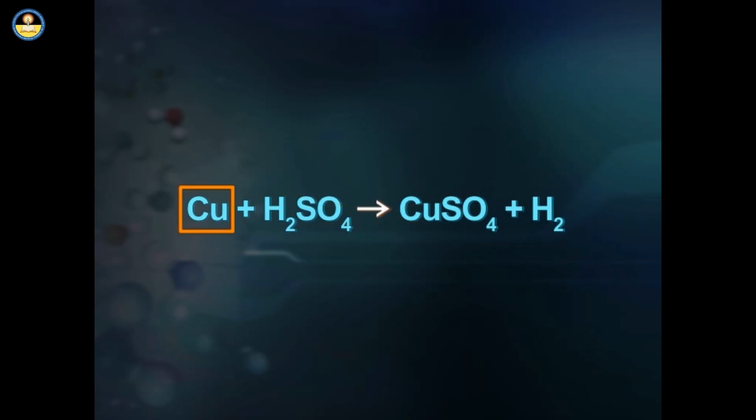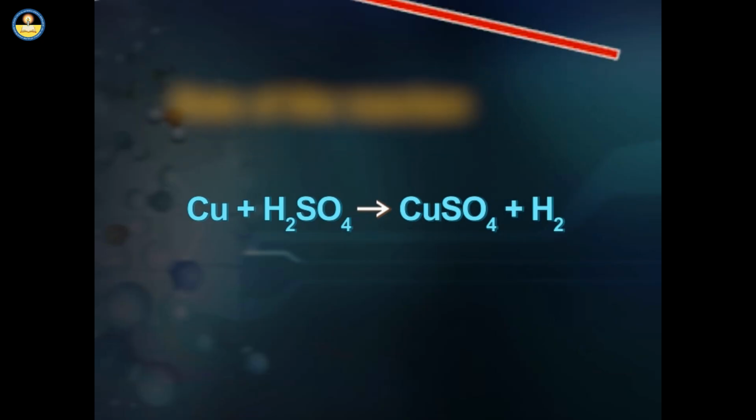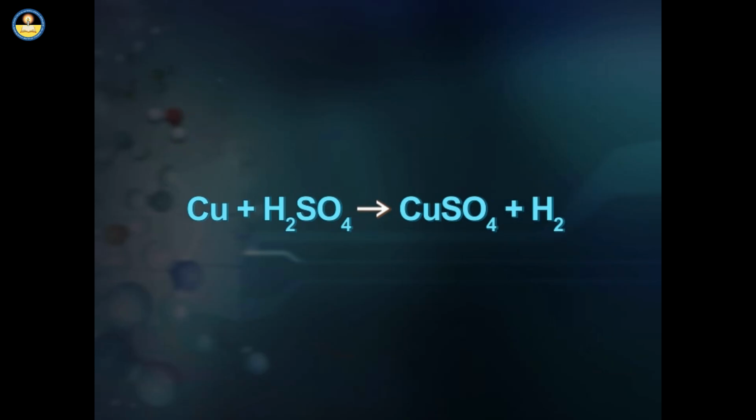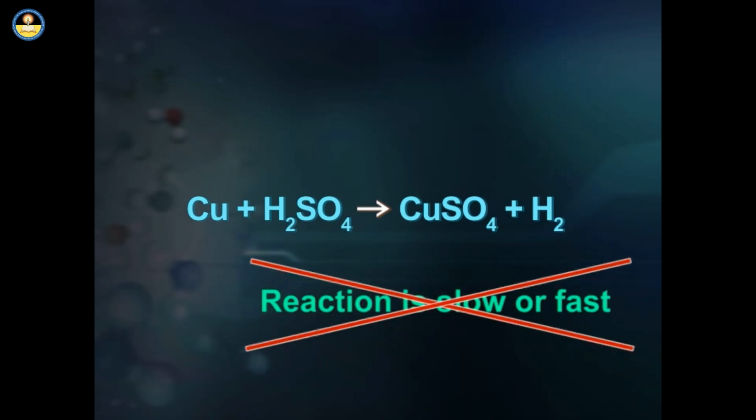Example: copper reacts with sulfuric acid to give copper sulfate and hydrogen. This reaction seems to be feasible but does not take place. We cannot get any clue about the rate of reaction from a chemical equation. This means that it does not tell us whether the reaction is slow or fast.